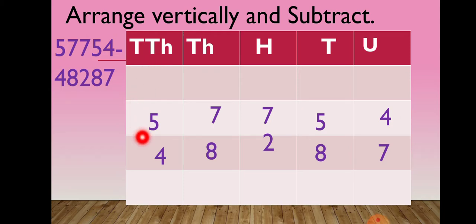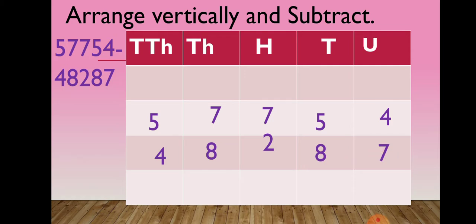Now write down left to right. 5 ten-thousands, 7,000, 700, 5 tens and 4 units. Now the second number: 4 ten-thousands, 8,000, 200, 8 tens and 7 units.